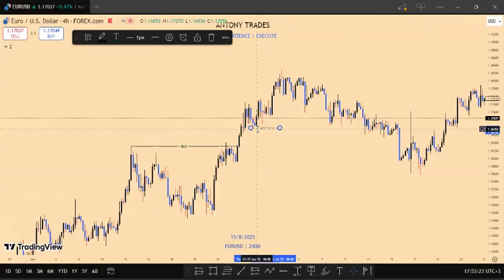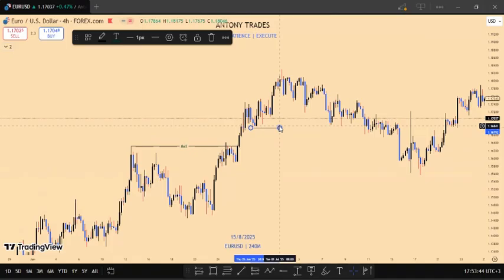So where do we get the minor inducement? This becomes the minor inducement. Minor occurs before the break of structure. And you see here, this is the pullback that we had before the break of structure. So this becomes the minor inducement. This is the major inducement.